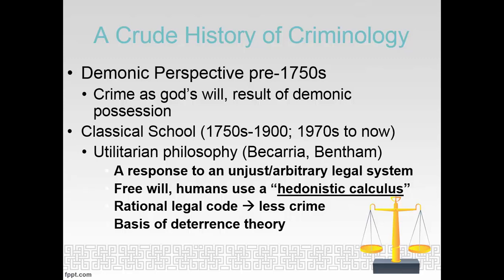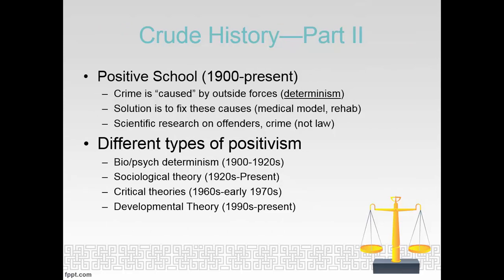So a judge could retroactively make your behavior criminal. The argument was if you rationalize the legal code, and that became the basis of the American legal code after a revolution. We wanted a more sane, rational, humanistic legal code. They really believed that you would have less crime and perhaps you could make crime disappear.